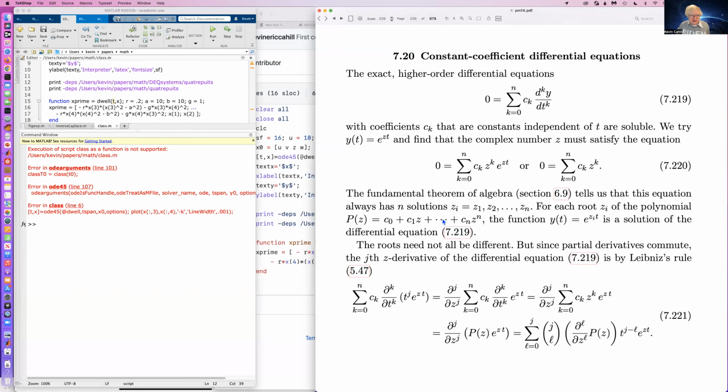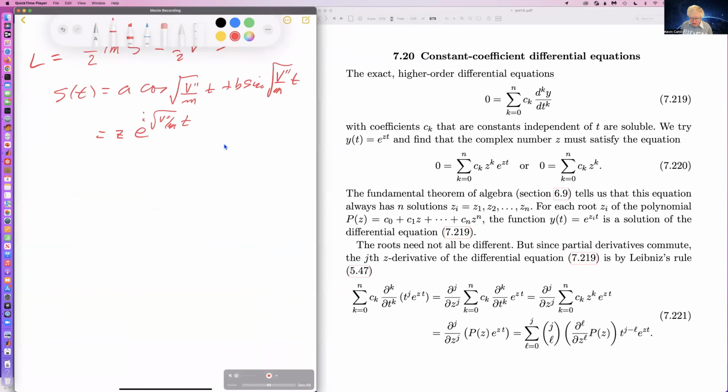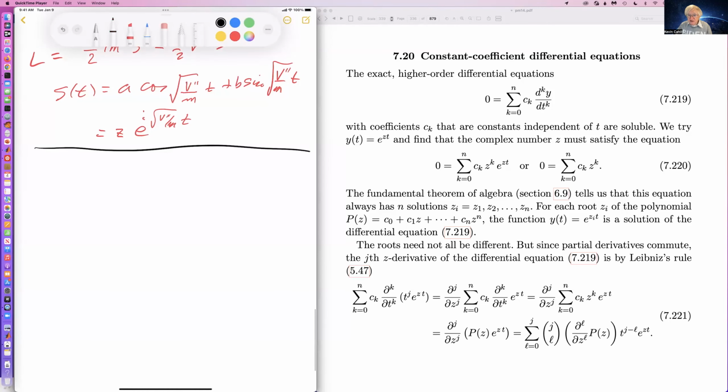Let's see, I can probably do that as an example. Suppose we have the equation 0 equals y plus, let's make it really simple, y prime plus y double prime.